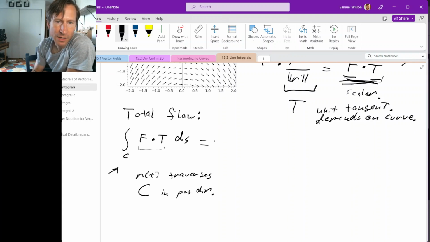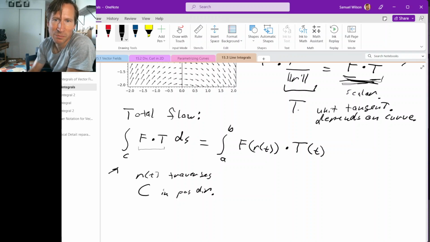Okay, so when we did this, right, we get some bounds coming from the parameterization that tell us what values for time cause us to trace out this curve. Our vector field needs to know where we are at every time, and it's the parameterization that tells us where we are. So F of r of t. The unit tangent capital T depends on where we are along the curve, which depends on the parameter t. Right?